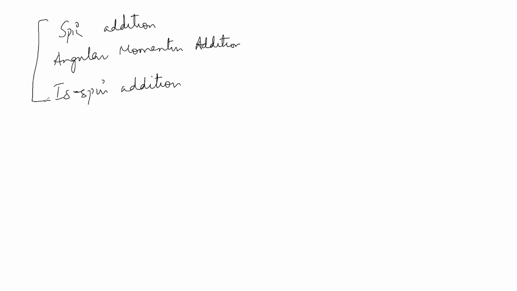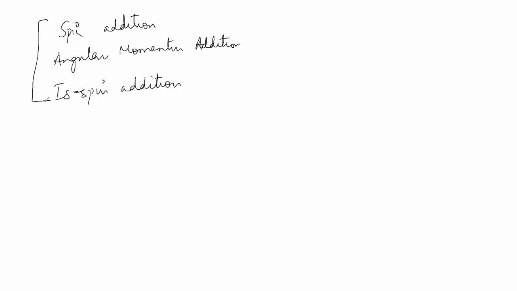That means addition of spin angular momentum of two particles, addition of, in general, angular momentum of the particles, total angular momentum, that can also be orbital angular momentum alone, and then addition of isospin quantum number. Okay?